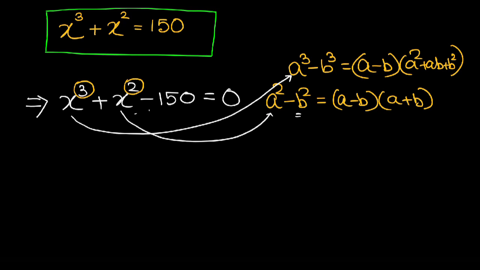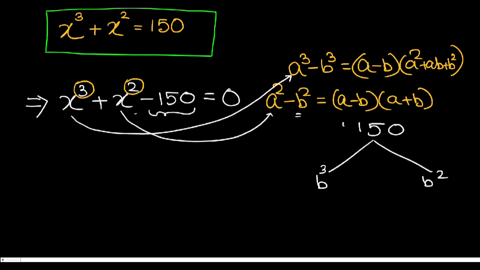But we have 150. Then we have to think to divide this 150 number into two different numbers where we can convert this as b cube and b square.